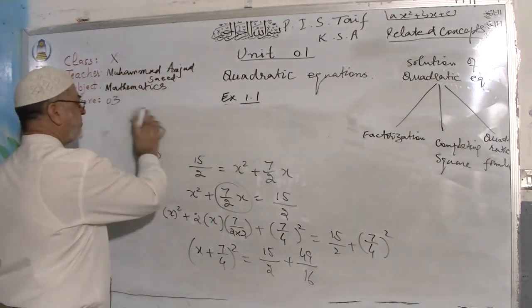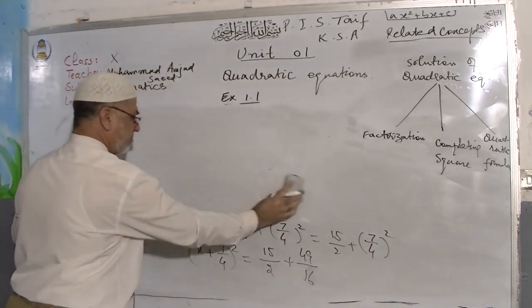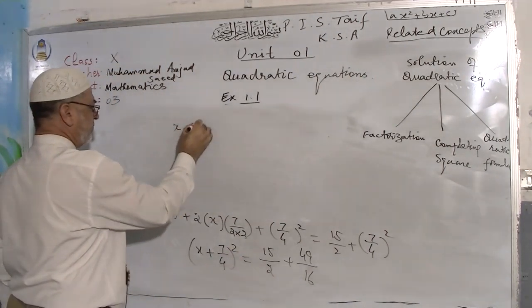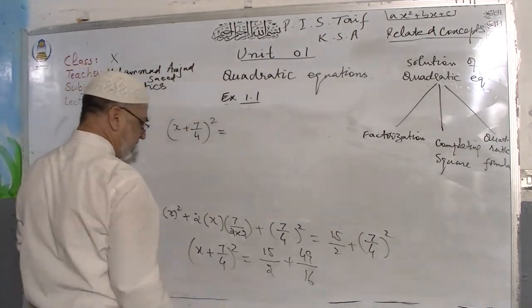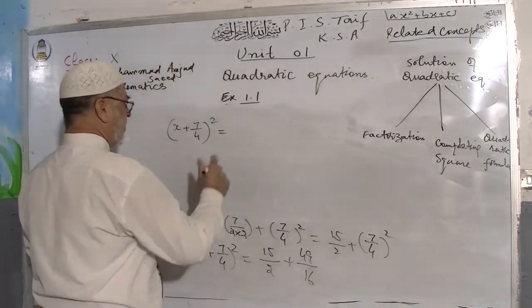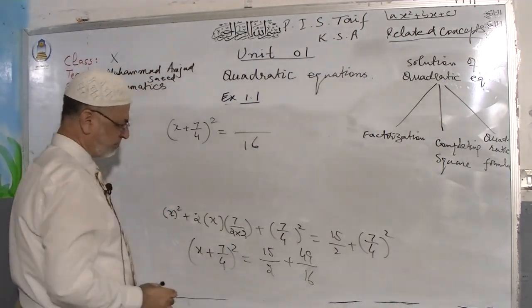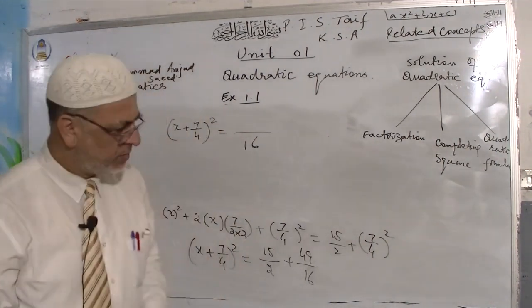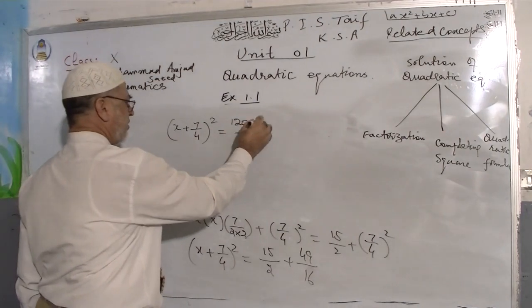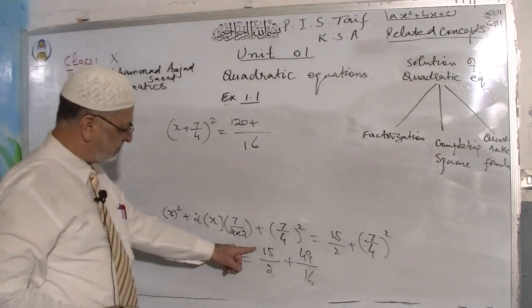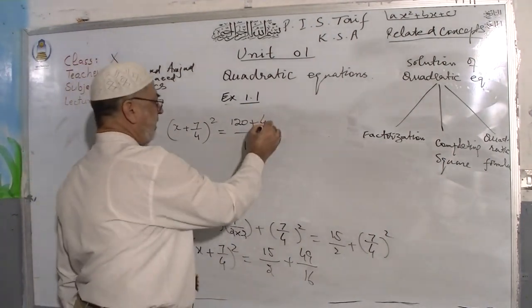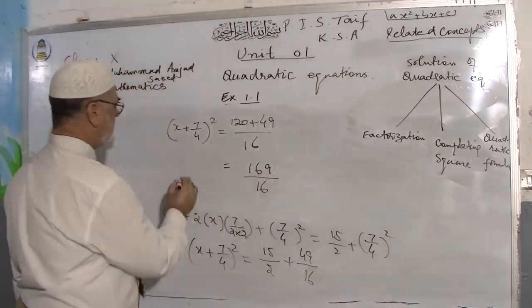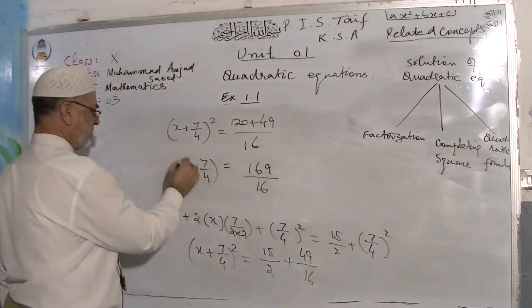After that, x plus 7 over 4 whole square is equal to 120 plus 49, that will be equal to 169 over 16.